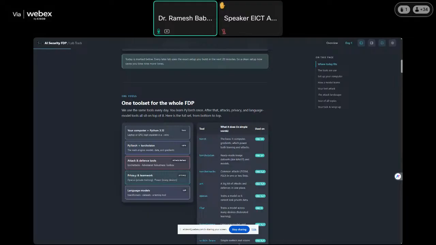Next, we also need a few privacy-related libraries. The most famous of them is Opacus. When you are dealing with privacy-related stuff in DL, you stumble upon differential privacy. It is best implemented by this library, Opacus.